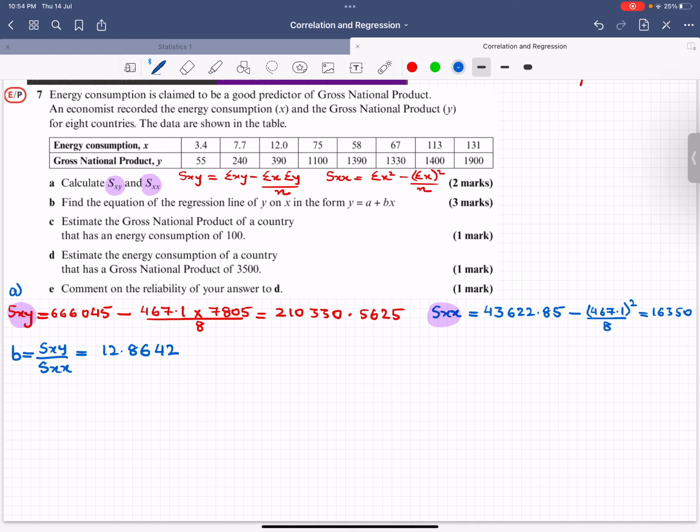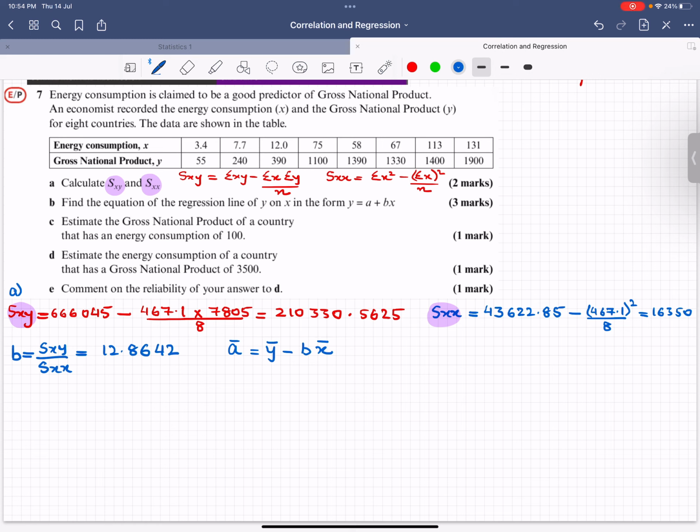Moving on to finding A. So we have y is equal to a plus bx. If we make a the subject of the formula here, by taking the term bx to the other side, we have a is equal to y minus bx. So we take the average values of y and x here.